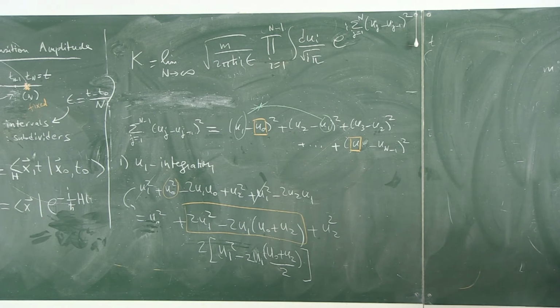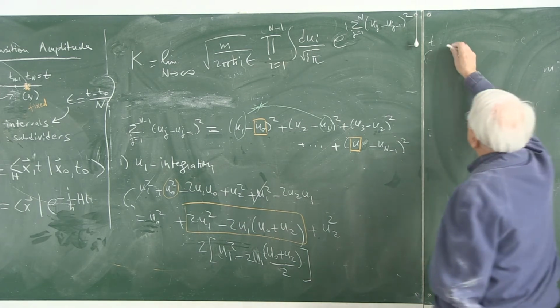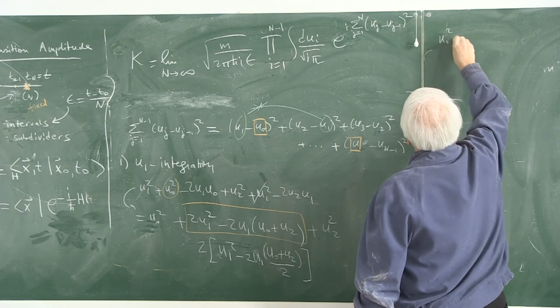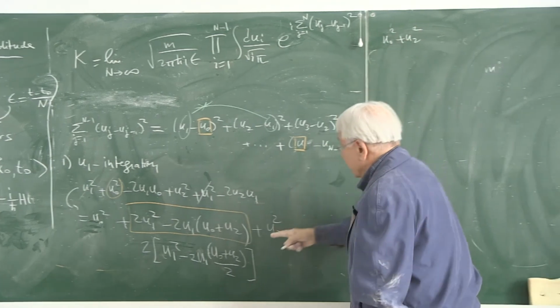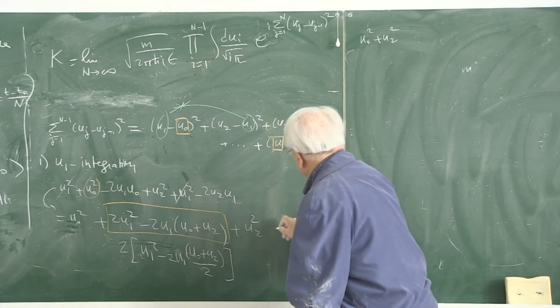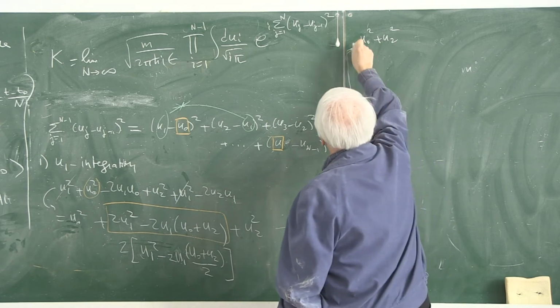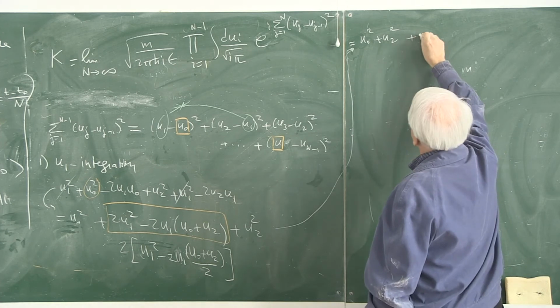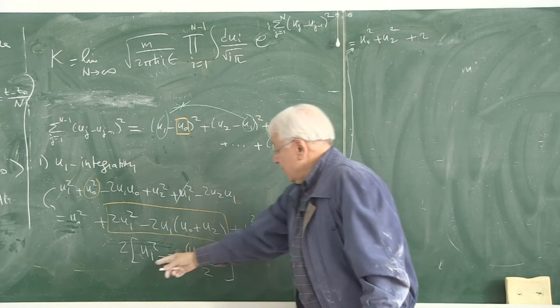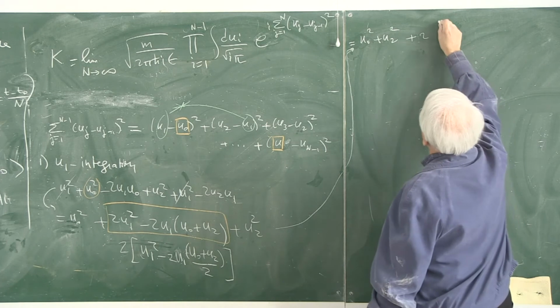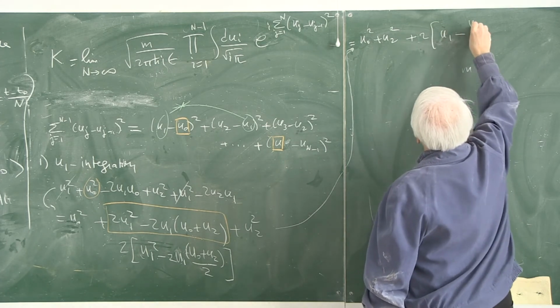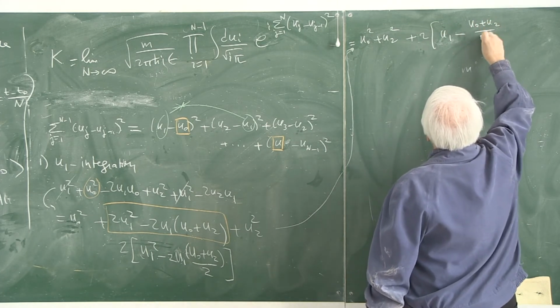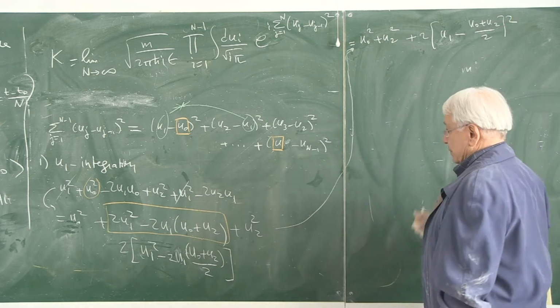Okay, so I have, first of all, the u0 squared plus u2 squared, which are this one and that one. I'm carrying this over here. And plus 2 times u1 minus u0 plus u2 divided by 2 squared. Yeah, okay.